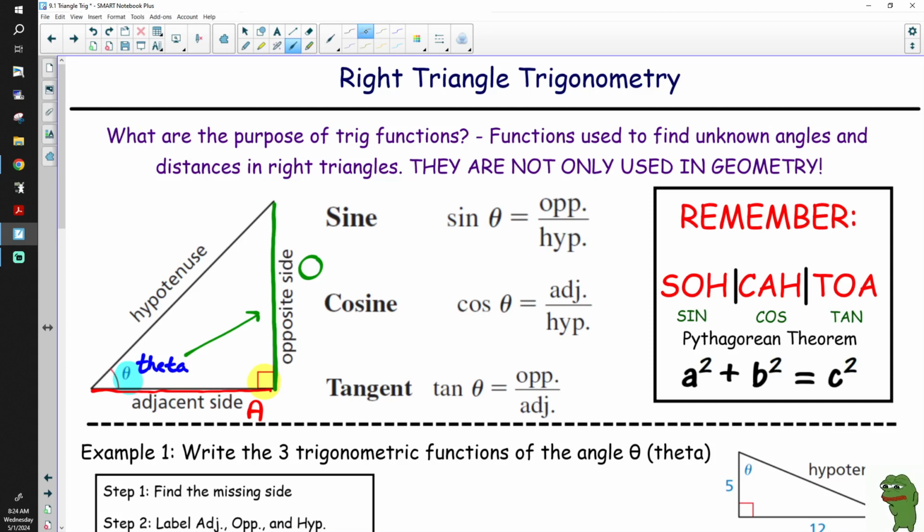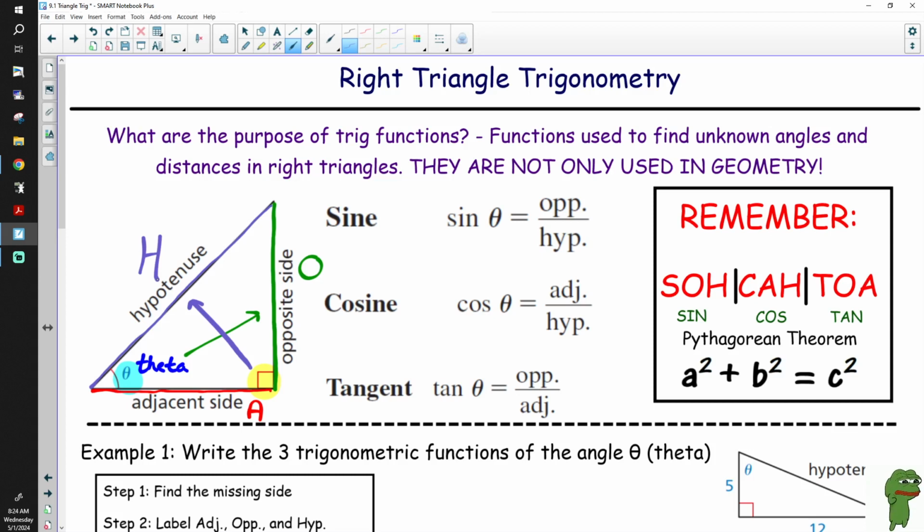It is also diagonal, but it depends on the orientation of the triangle. So here's our 90-degree angle. Opposite of the 90-degree angle is our hypotenuse, our longest side. We can just call it H. Hypotenuse.